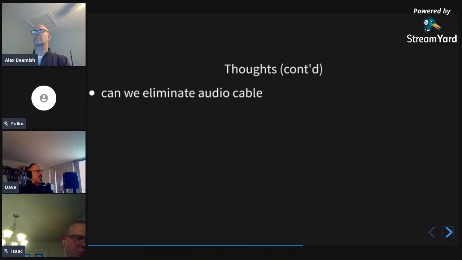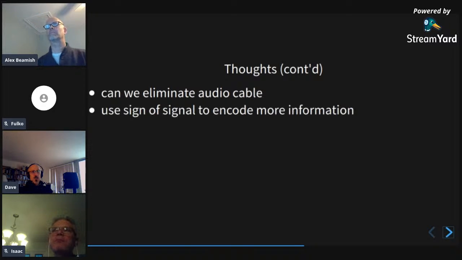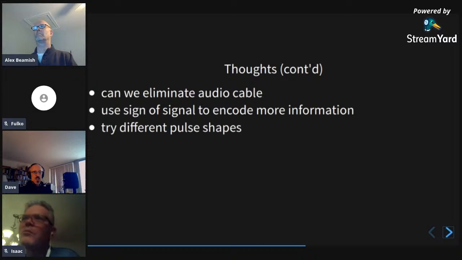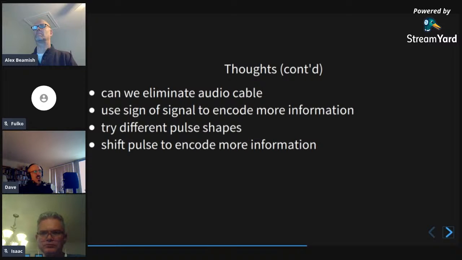It'd be nice to see if I can eliminate the audio cable. I suspect I can if I have a really silent room. I can also use the sign of the signal for more information. I should try different pulse shapes. I could use the shift of the pulse to pack more information.